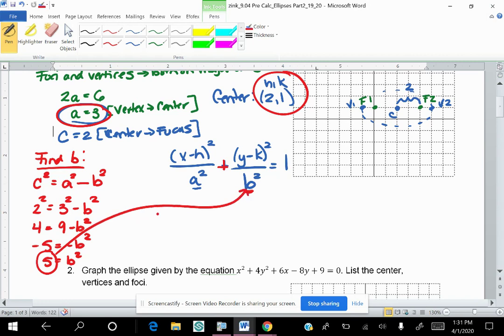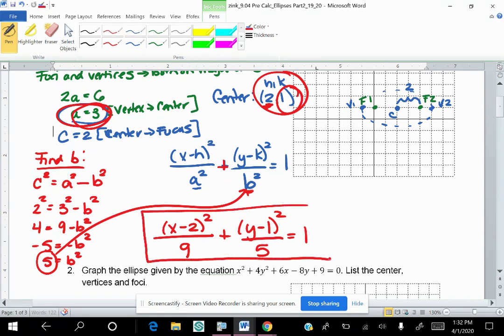So now we have (x minus 2) quantity squared over 3 squared, which is 9, plus (y minus 1) squared over b squared, which is 5, equals 1. And that's your standard form of that equation.